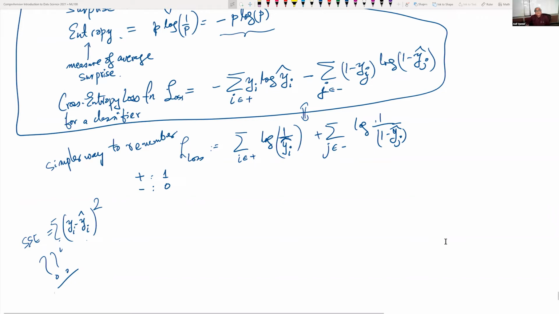So let us define the next concept, which is likelihood. What is likelihood? We know what a probability is.